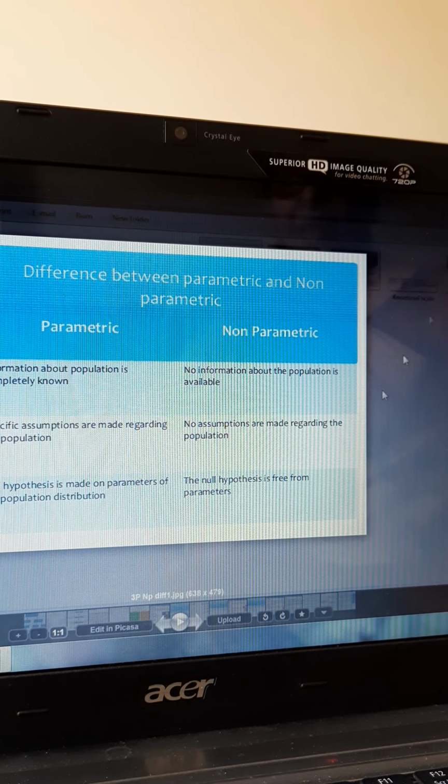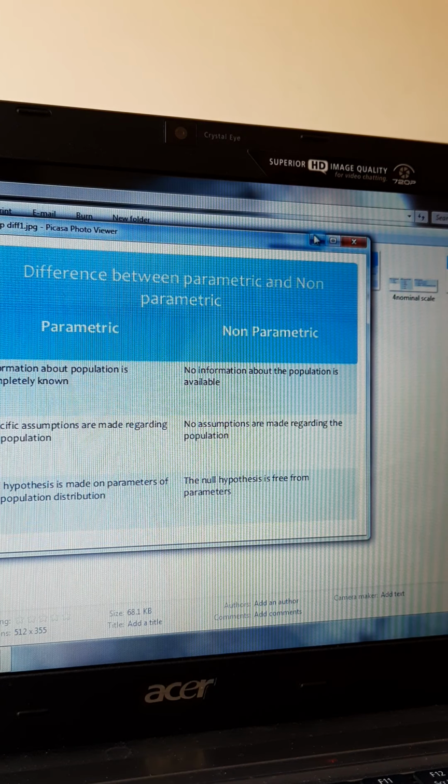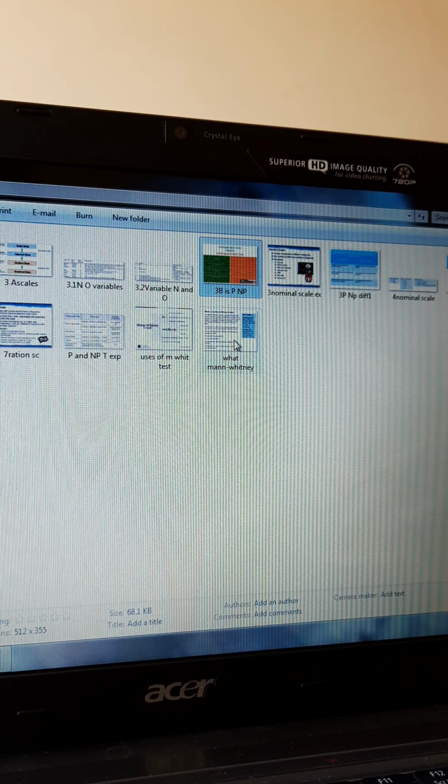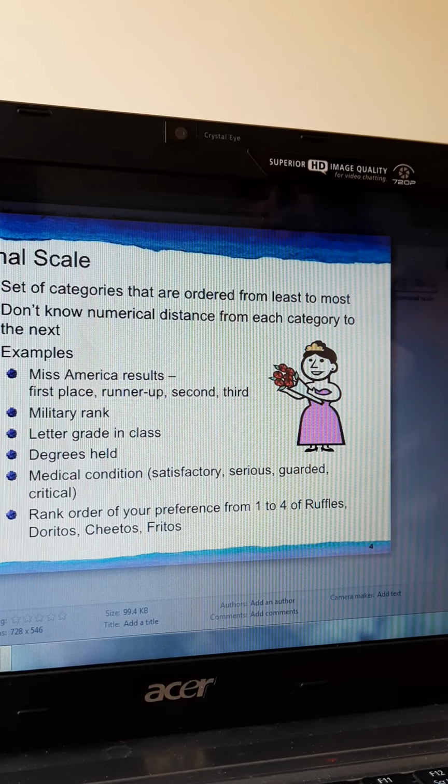So now that we started off with nominal, ordinal, I will just finish the examples of all these nominal, ordinal data things. So that nominal we did. Next we will do ordinal data. Set of categories that are ordered from least to most.